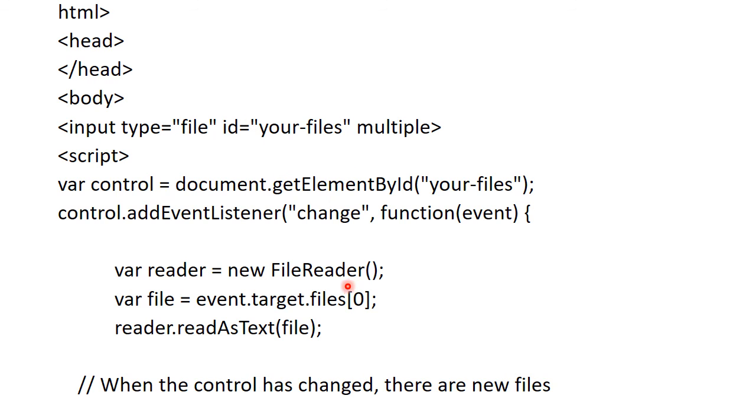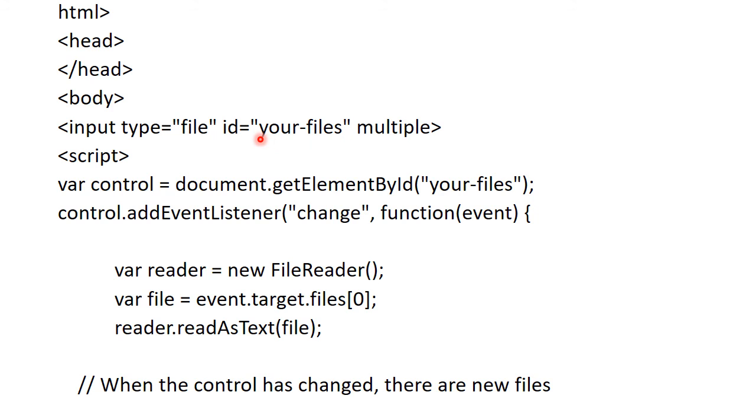So, another example, the complete example. So head, I mentioned body. Inside the body I have included the control to load a file, input type equal to file, and here I have mentioned multiple. That means I can upload multiple files at the same time.